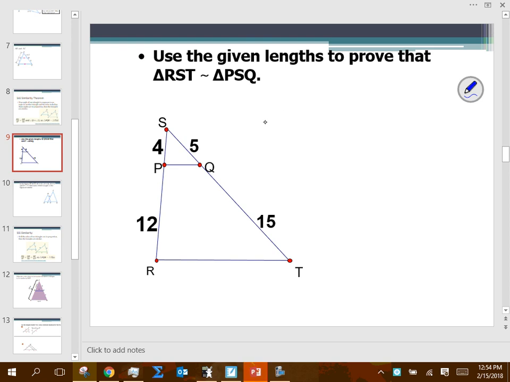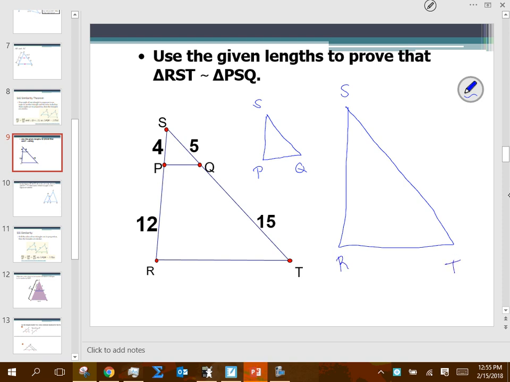But we do know that if I look at these two triangles, S, P, and Q, compare that to triangle S, R, T, which angle is reflexive there? S, yeah, that's the one that is in both figures. That's the one that's overlapping, it's being shared.